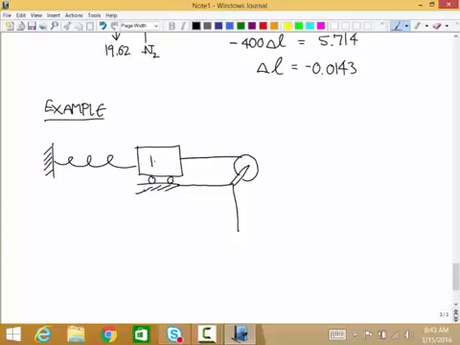So you have a 1 kilogram cart attached over a pulley to a 0.2 kilogram cart. The spring constant is 250 newtons per meter, and this system is at rest.